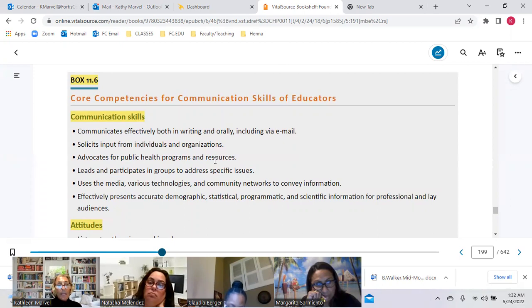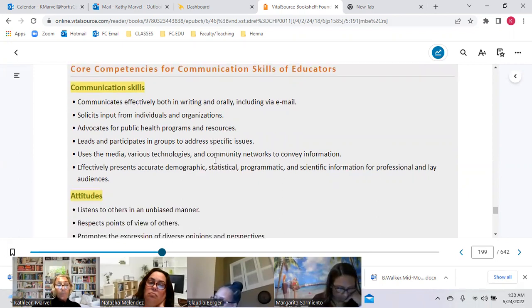You need to seek out input from others, and be an advocate for public health programs. You will eventually lead and participate in groups to address specific issues. There are a few more of them.